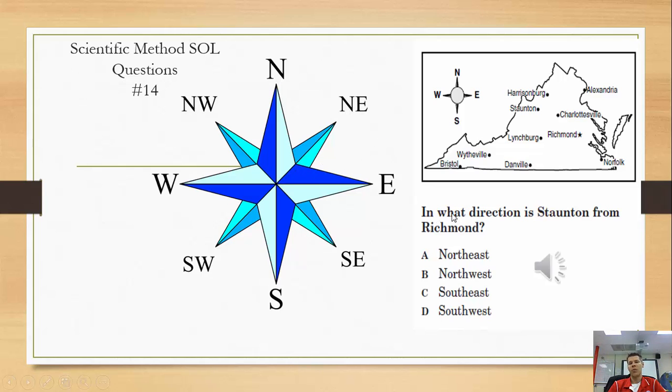Alright, in what direction is Staunton, right here, from Richmond? So in order to get to Staunton from Richmond, we would have to go this direction. Should be the same as this direction. So our best answer here is B, northwest.